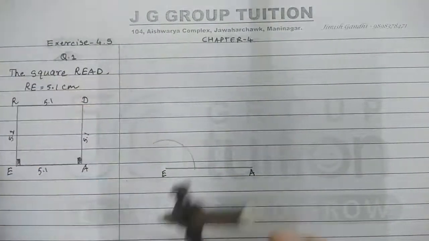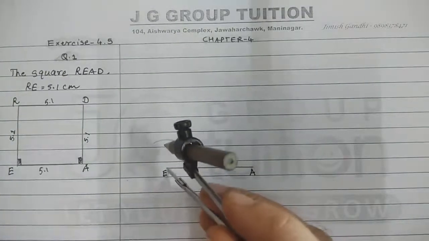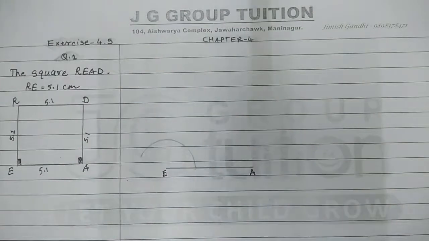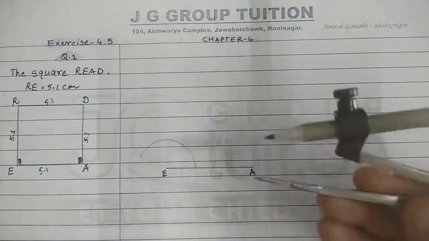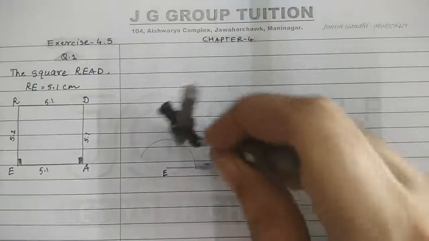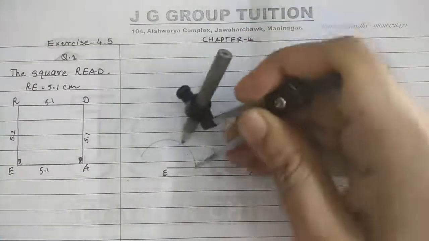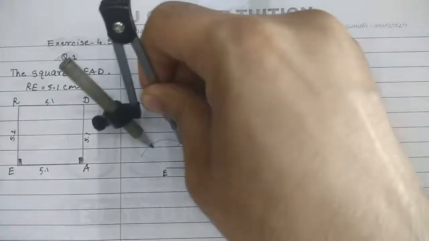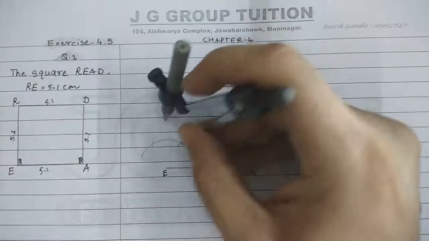We discussed that we required 90 degrees, so we have to construct 120. So this is the main arc. It can be of any arbitrary radius. Now we should keep the same radius. From 0 degree we should draw an arc that forms 60 degrees. From 60 we should draw another arc that forms 120 degrees.